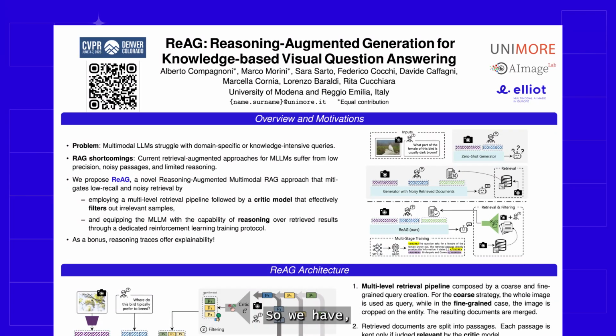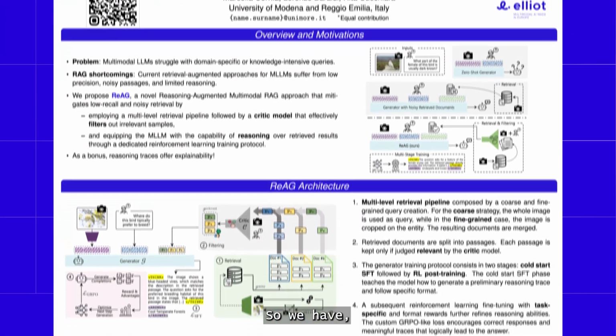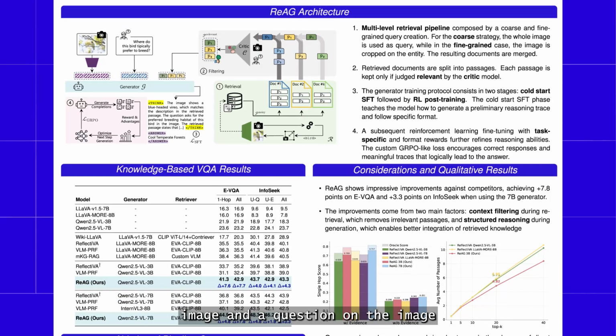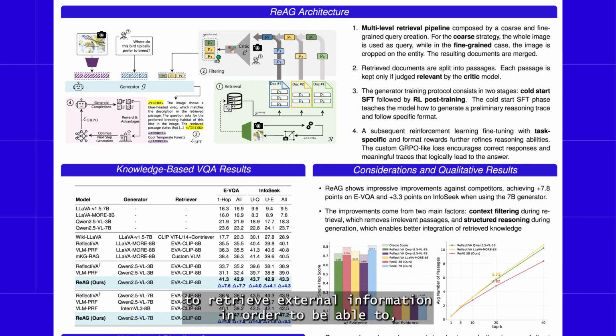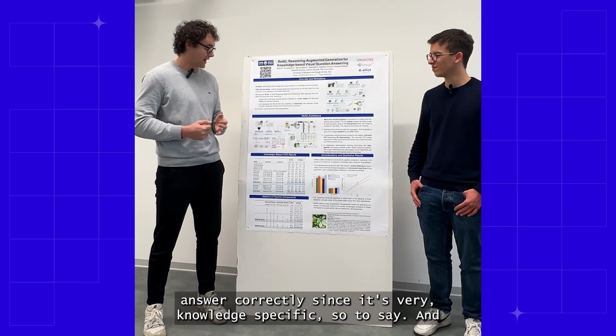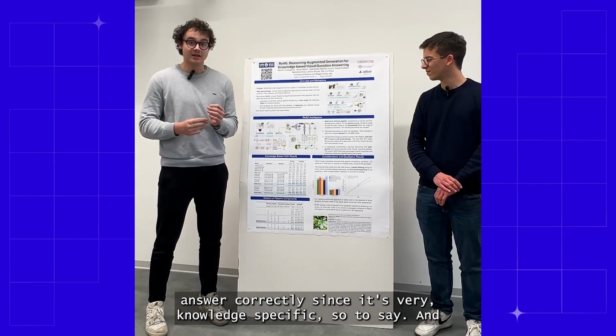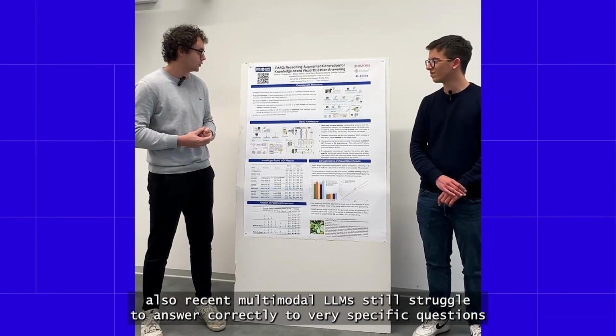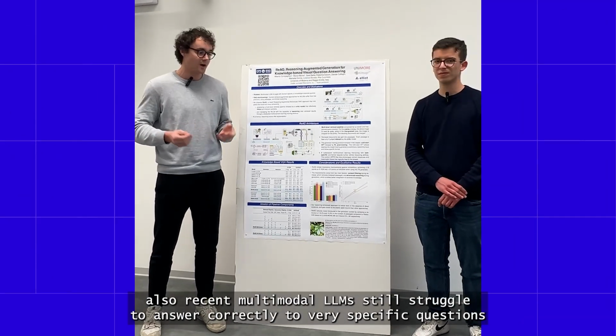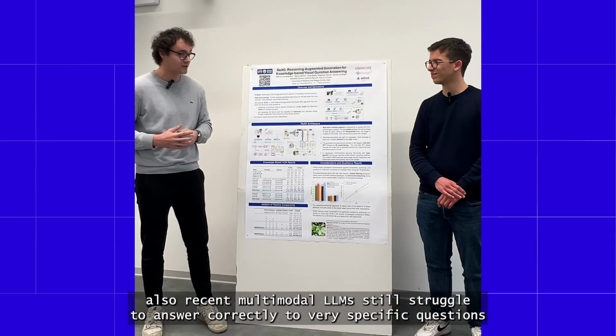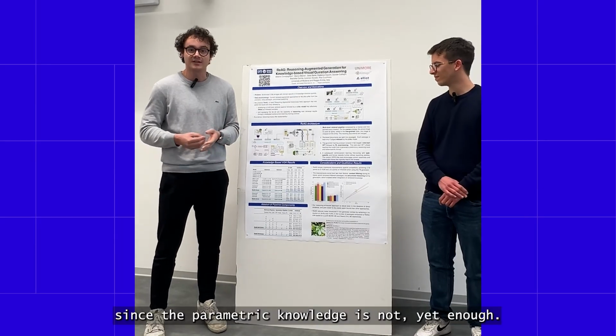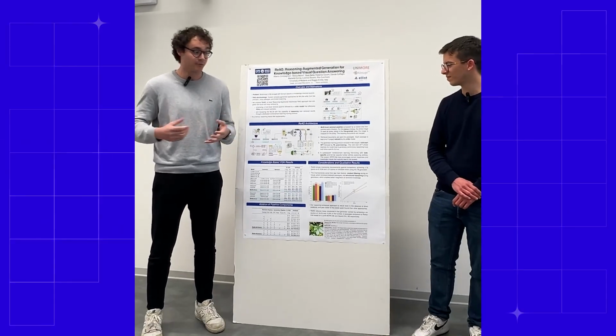We today present Reasoning-Augmented Generation for knowledge-based visual question answering, our latest work in the knowledge-based visual question answering setting. So we have an image and a question on the image which has to be answered, which requires retrieving external information in order to answer correctly, since it's very knowledge specific. Also, recent multimodal LLMs still struggle to answer very specific questions, since their parametric knowledge is not yet enough.